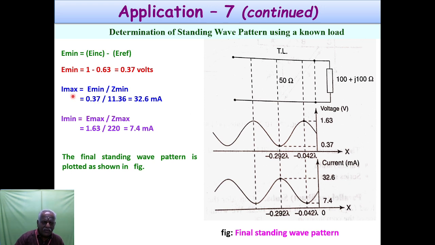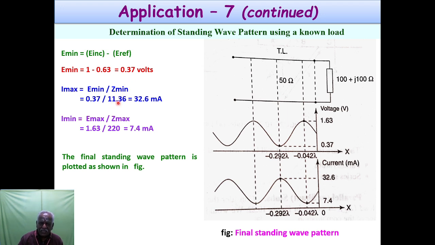Now I maximum and I minimum are to be determined. What is I maximum? E minimum divided by Z minimum. That means 0.37 volts divided by Z minimum, which is 11.36 ohms. That is equal to 32.6 milliampere.